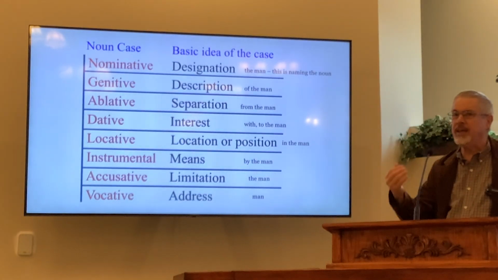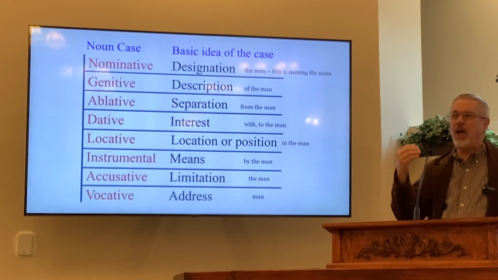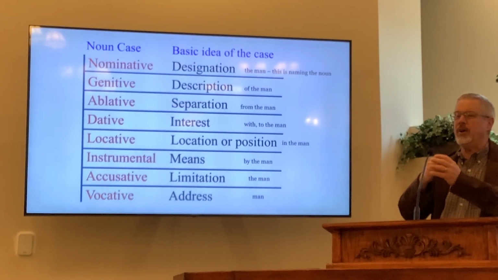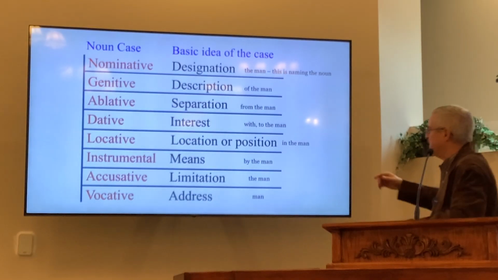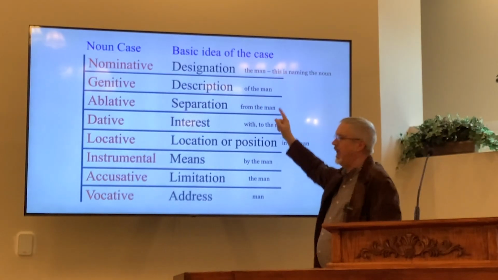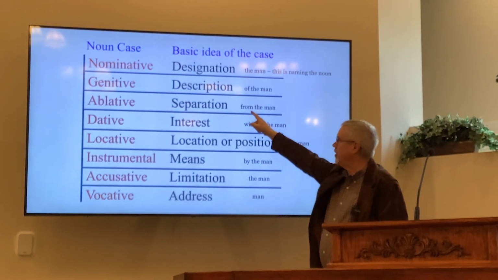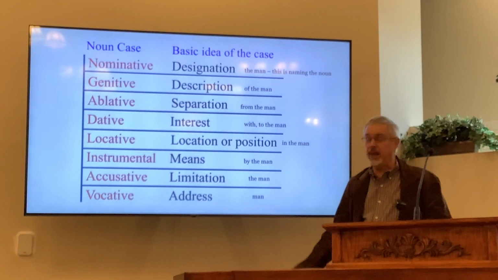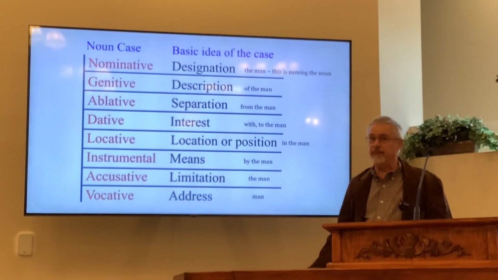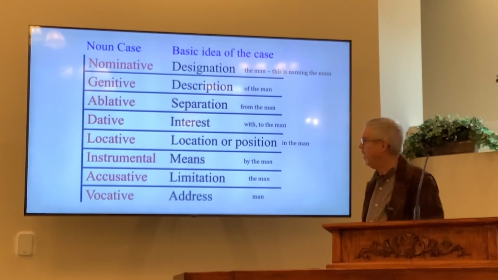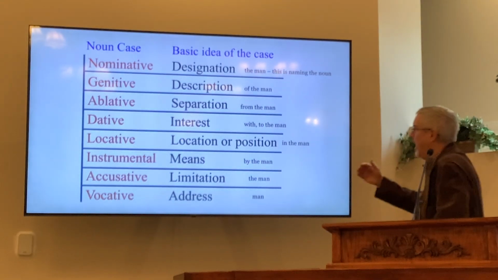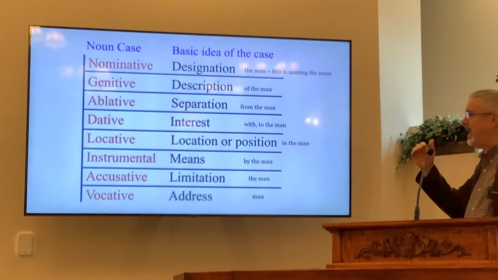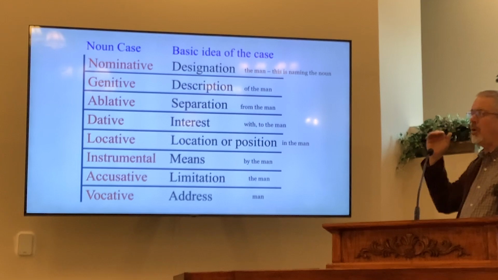In fact, you can have an understanding of a preposition such as "from the man" without having the word "from." You didn't need that preposition, not in Greek. You can put it in there, but not all the time, because you don't have to.